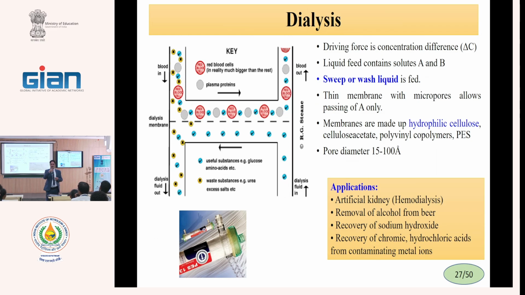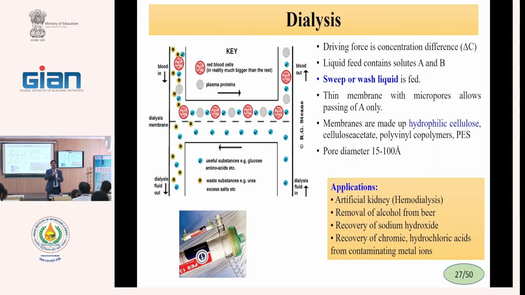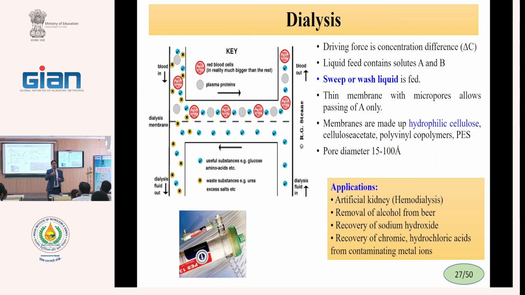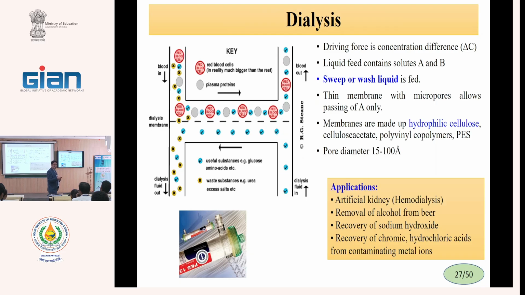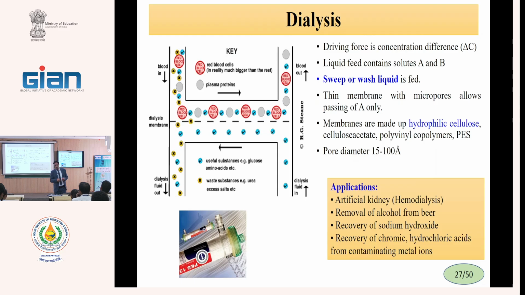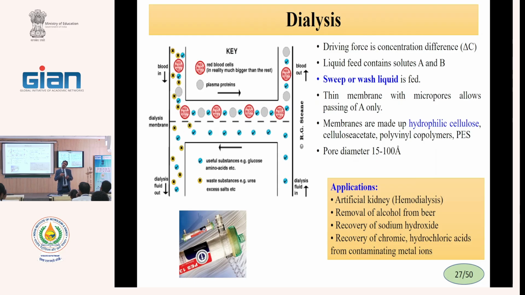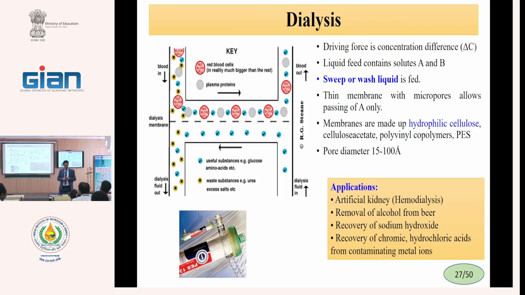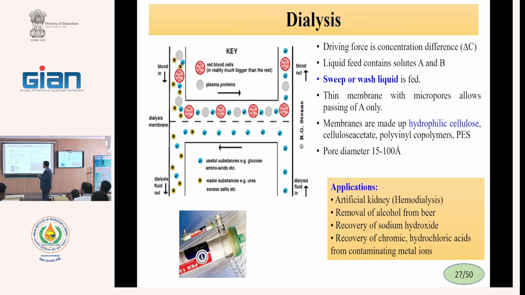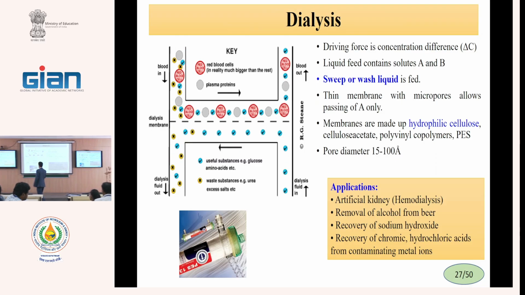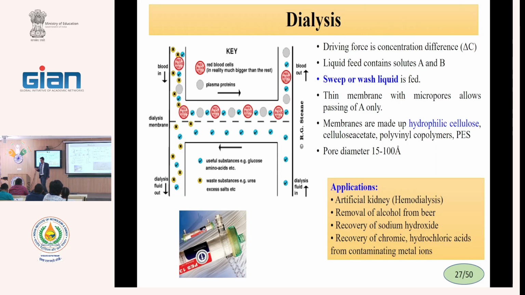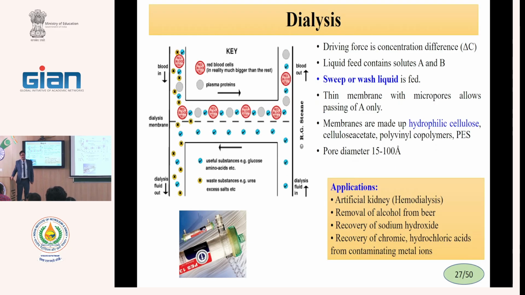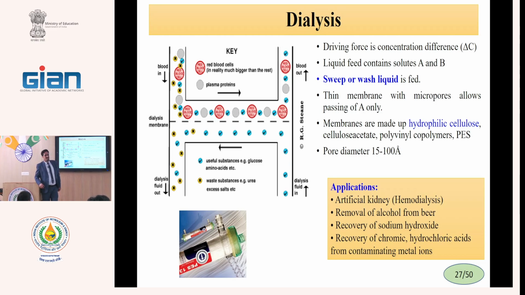You can ask organic chemistry students. Mostly they remove the organic from the water for purification of their products. PV can be used in industry, but in lab scale, it's very expensive for you.